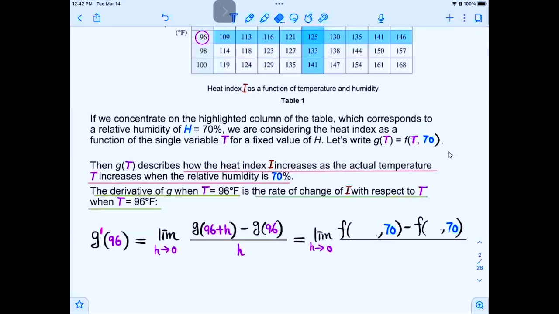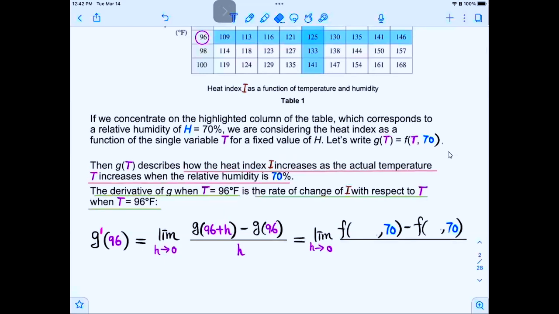Now, what is G of 96? G of 96 is F of 96 and 70. What's G of 96 plus h? Well, you just put this, that's the actual temperature, right? And put that in the first component.